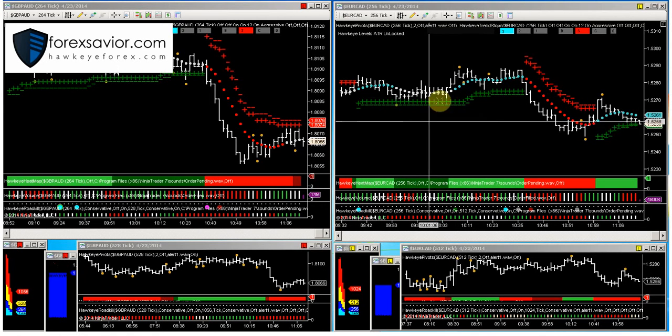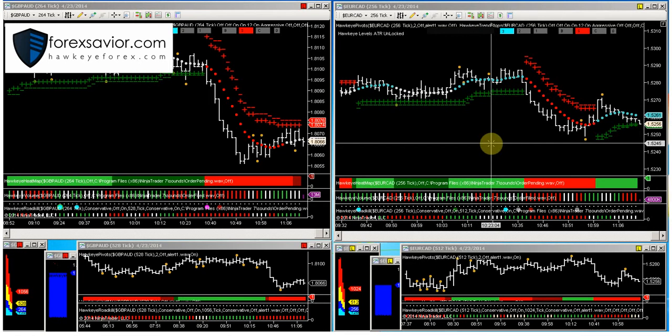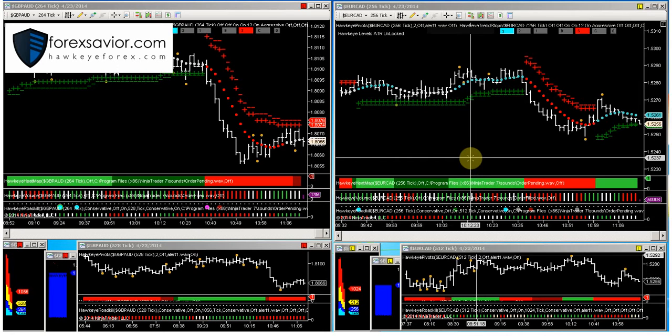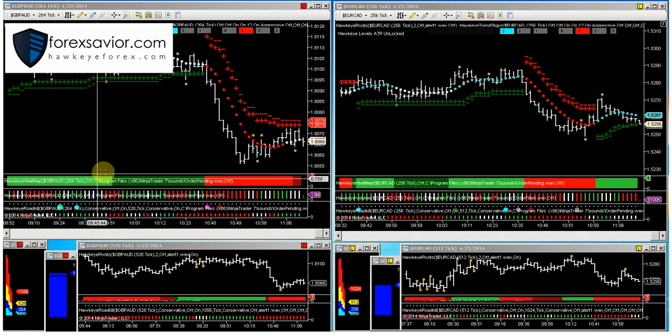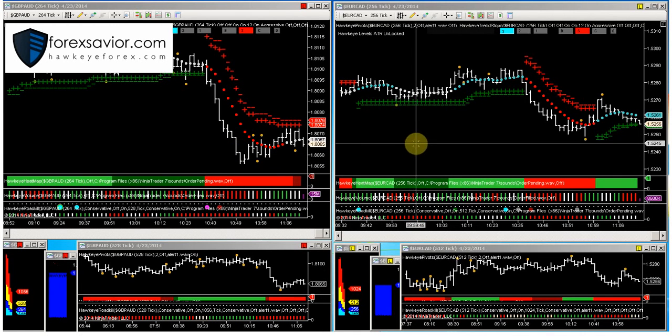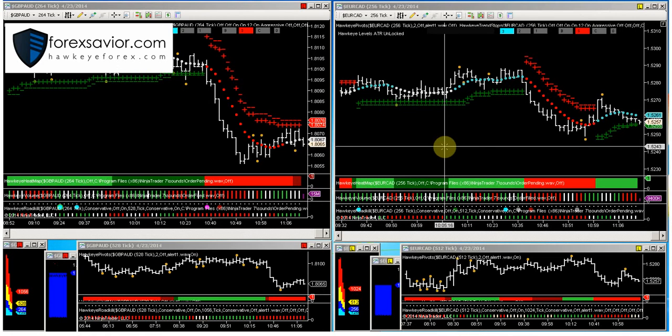So we kept the EURCAD in our pair groupings of candidates to be focusing on, and I wanted to check out the pound sterling versus the Aussie dollar. That has had a lot of selling interest this morning and a lot of movement already, but we might set up for another entry. We'll see if there's a confirmation on that pair.